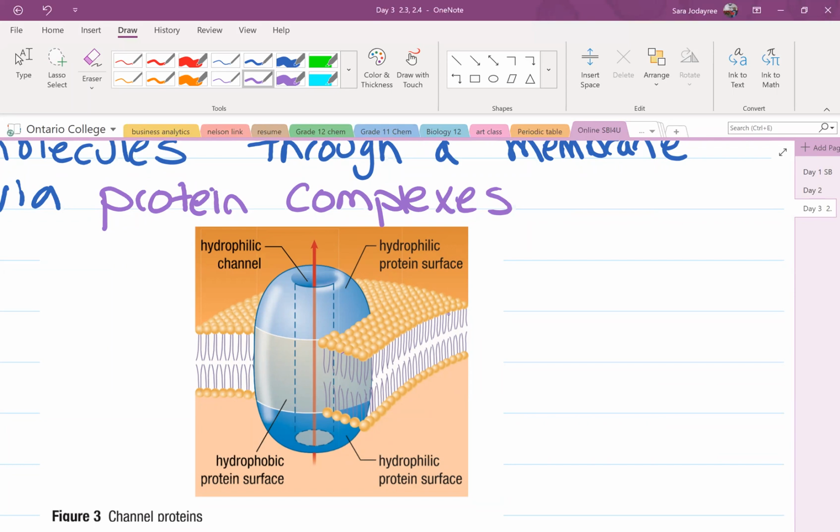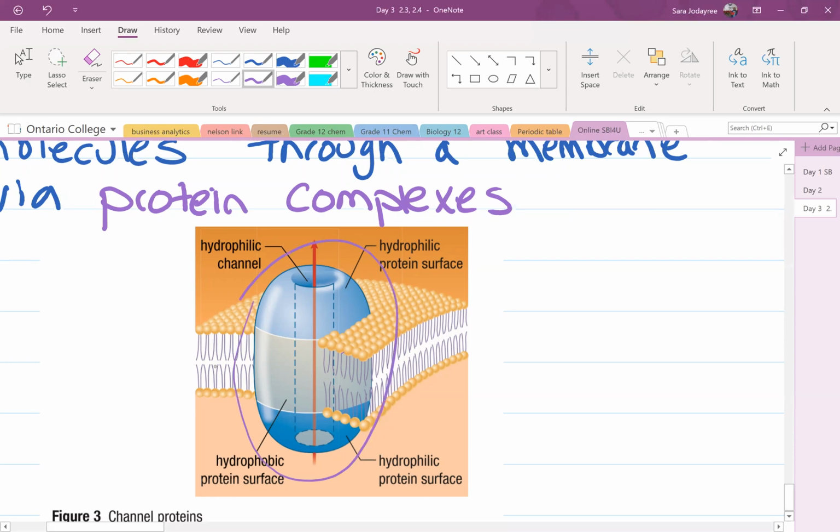This is known as facilitated diffusion. Although facilitated diffusion involves specific transporters, the movement of molecules and ions is still driven by diffusion based on a concentration gradient across the membrane. So when equilibrium is reached, there is no longer a concentration gradient. Facilitated diffusion stops.